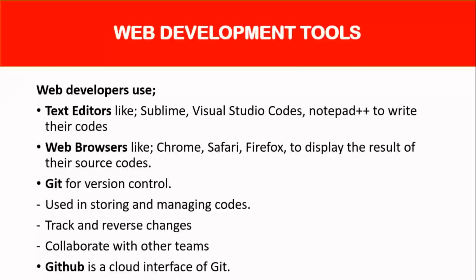Every web developer needs one or more of these text editors in order to write code that can be translated to websites. You can have any of them, or you can have them all, depending on your taste. For this course, I strongly recommend Visual Studio Code.